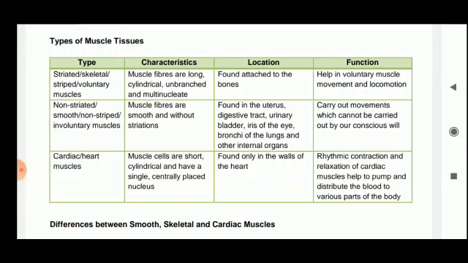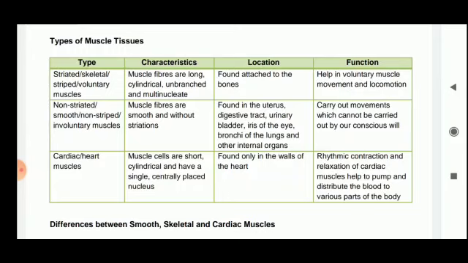For example, if you need to urinate, sometimes you can control it for a period of time, you can control the process of urination, which is also called micturition, but after a certain time you can't control it. So that type of muscle is what? Involuntary muscle, and that is why urinary bladder is listed. This type of muscle is also found in the urinary bladder.